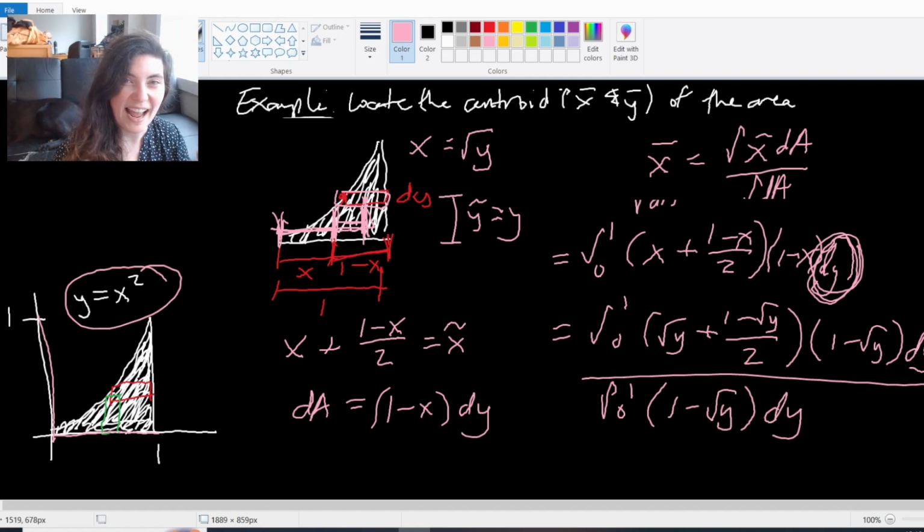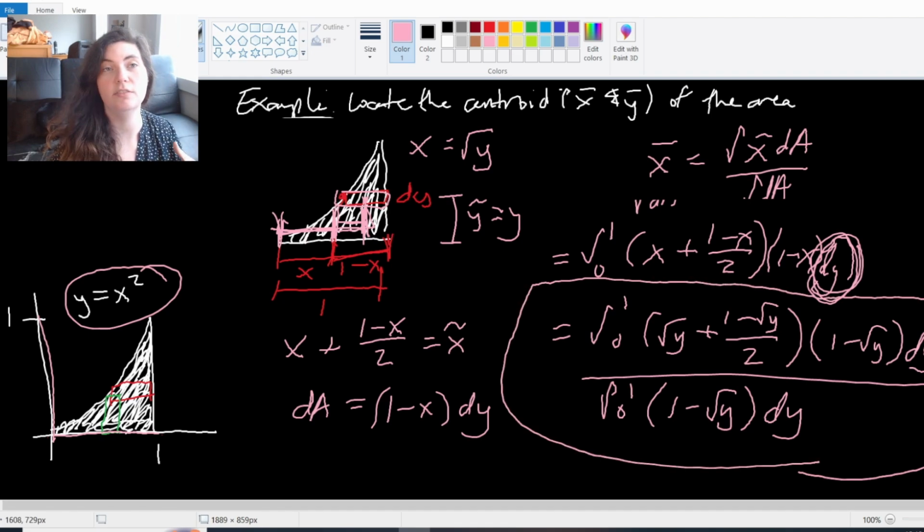What a nasty looking integral. I don't want to do that integral. So let's go ahead and look at our other differential to see if maybe that's something a little bit cleaner, a little bit easier, because this is really quite a monster of a set of two integrals that we need to be doing.